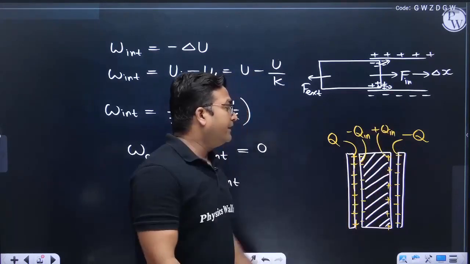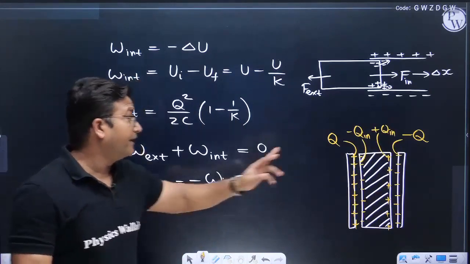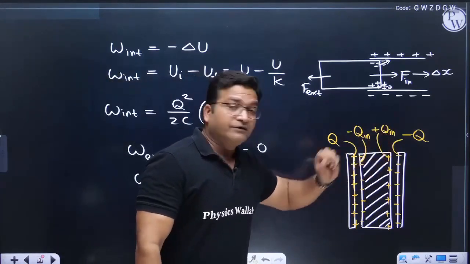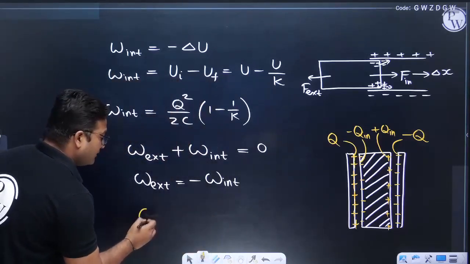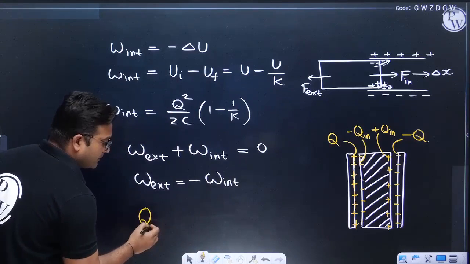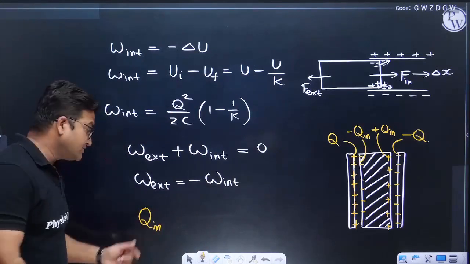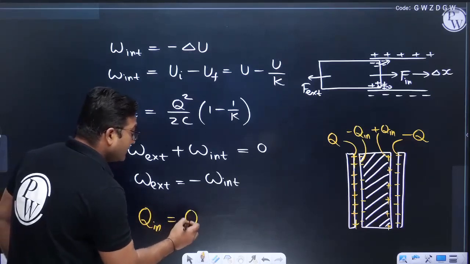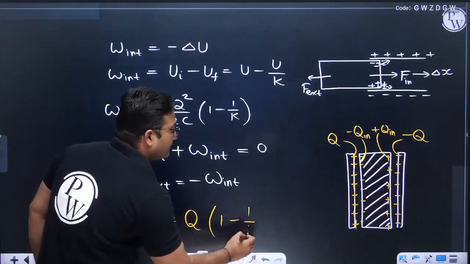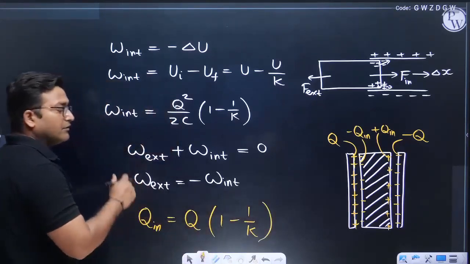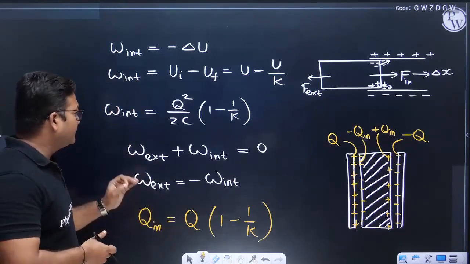I'm not deriving it, so just remember: the magnitude of induced charge is given by the total charge Q on any one plate multiplied by 1 minus 1 upon the dielectric constant of the slab. So these are a few fundamentals you should remember.